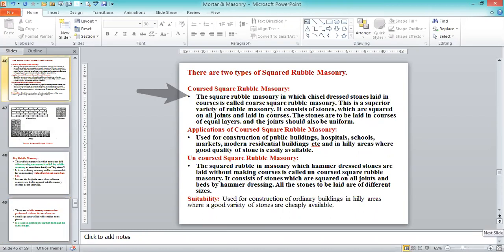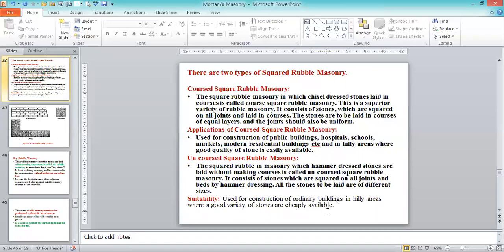So then the square rubble masonry will be coursed square and uncoursed one. Already I told you about square uncoursed one and coursed one. Very simple. The difference is that in the uncoursed one, in a zigzag direction we provide it. In the coursed one, any one direction, length with height or width with height, we provide. The main objective is that your stone will be appropriately square in size.